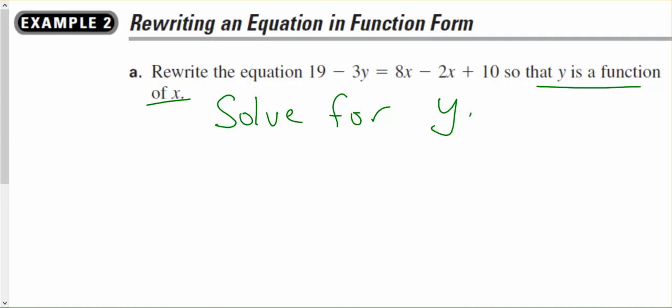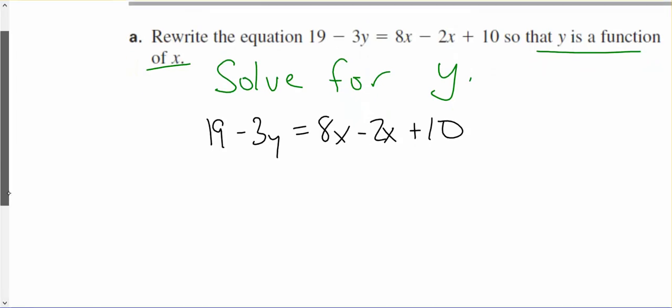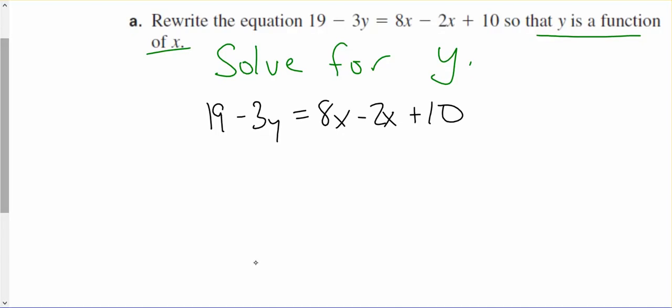So we've got our equation, 19 minus 3y equals 8x minus 2x plus 10. When we're saying solve for y, we want this eventually to say, down at the bottom, y equals.